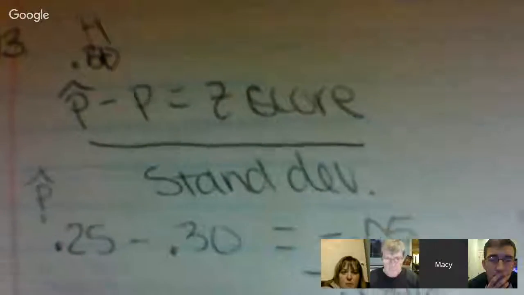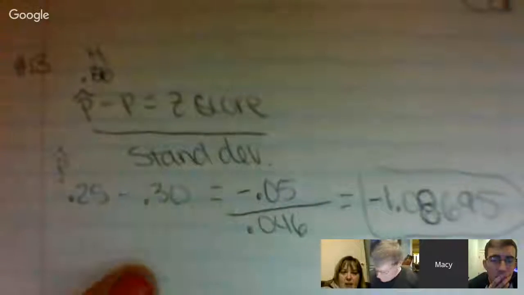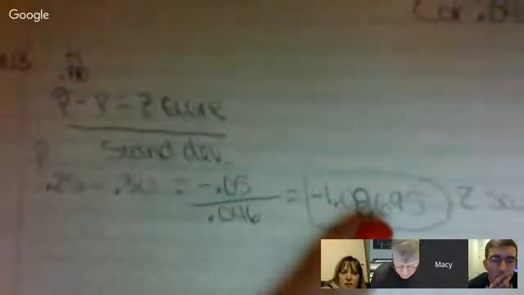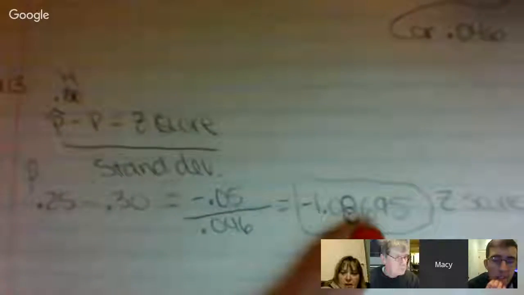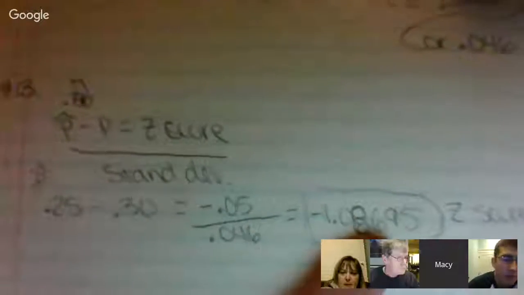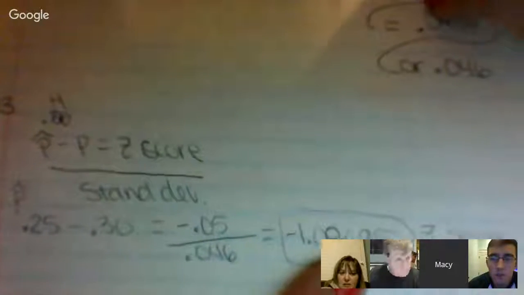So then I put it into this. P minus P hat over, and then I put this right here into my probability output. Okay. And you got which letter? A. Okay.